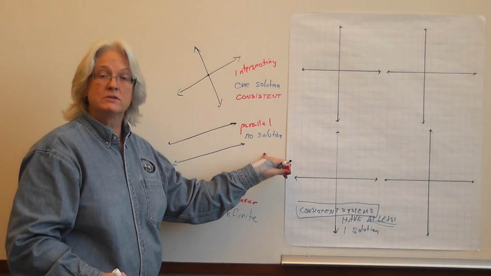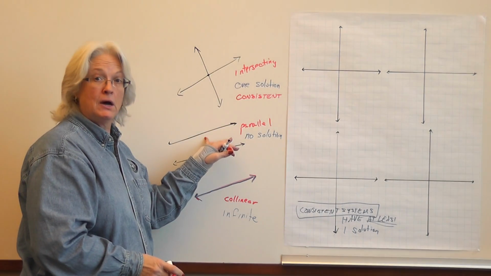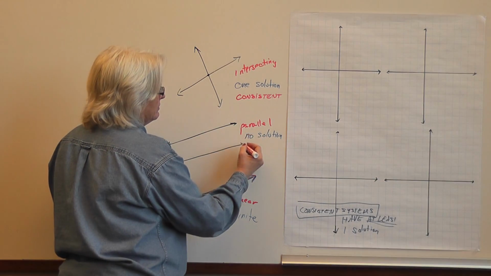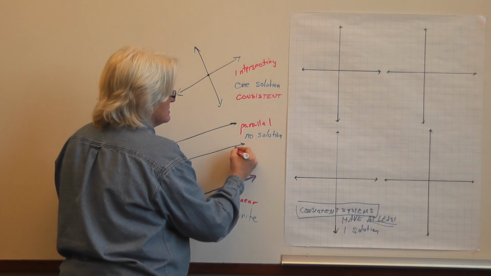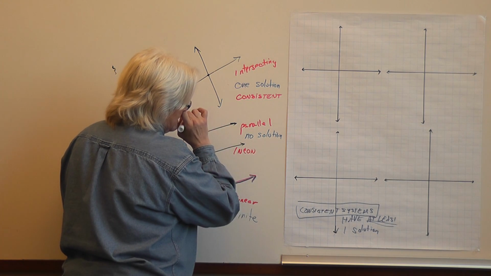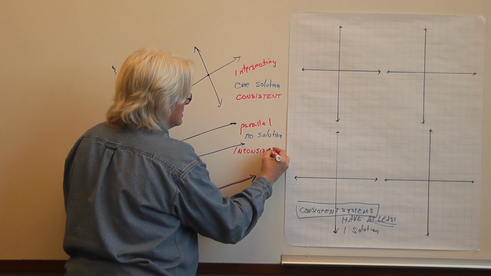Is there at least one solution, at one point of intersection, with the parallel lines? No. There's no point where they're touching, so this is an inconsistent system because there are no solutions. Inconsistent.